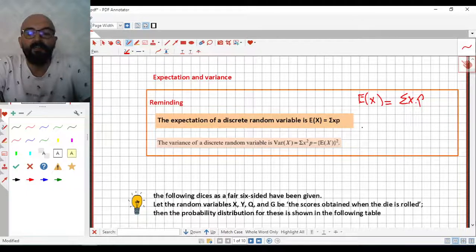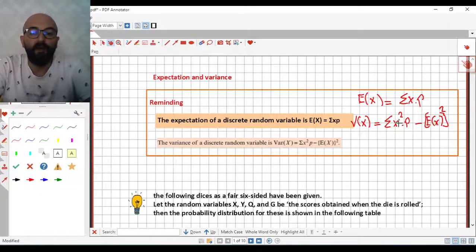And if we want to compute the variance, our variance value is the sum of x squared multiplied by probability minus expected value squared.